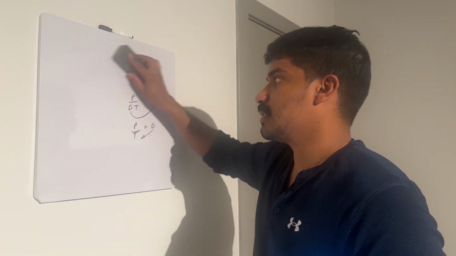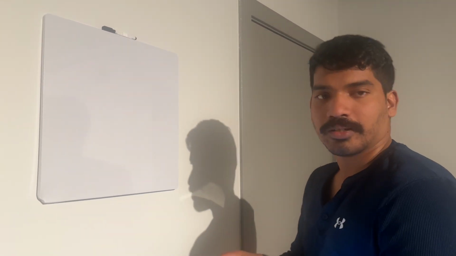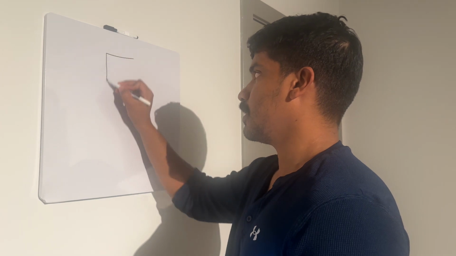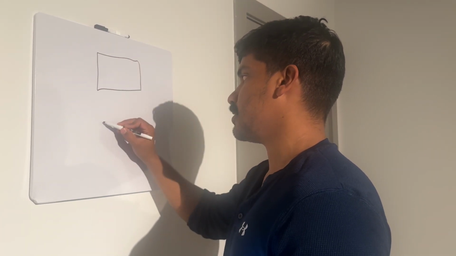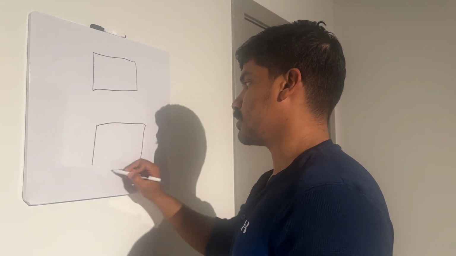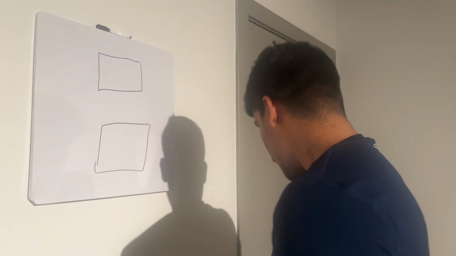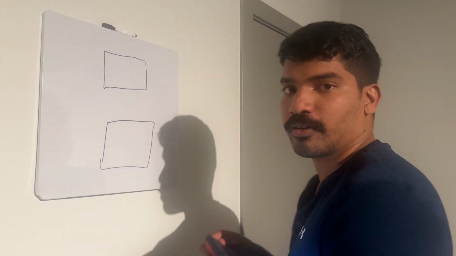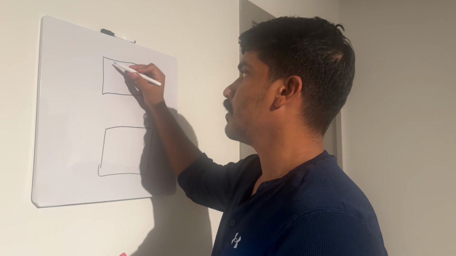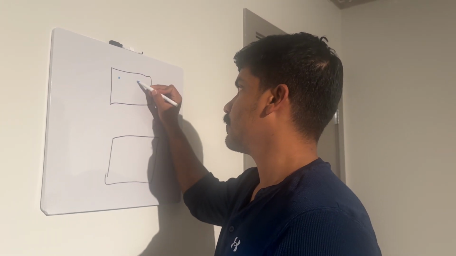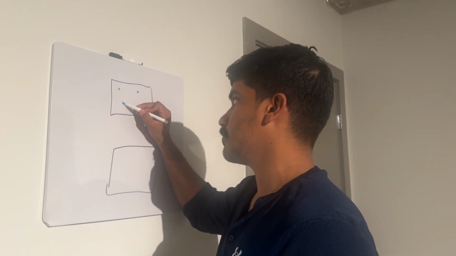Now I'll just erase this and let's again talk about density. Now I want you to imagine two boxes, right? And just for your understanding, I will draw a few molecules.